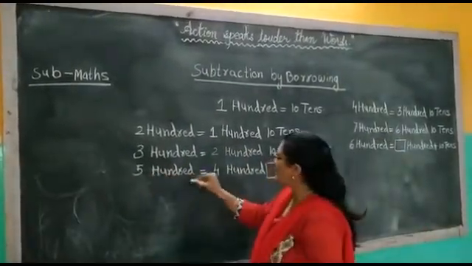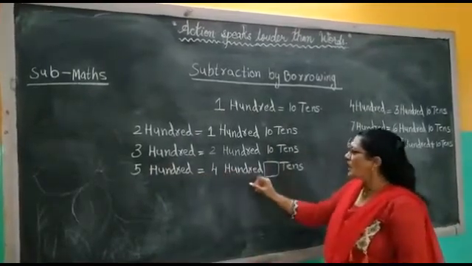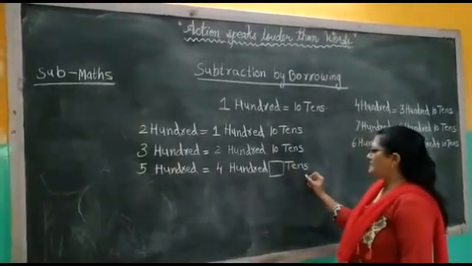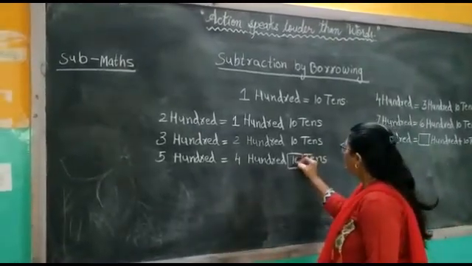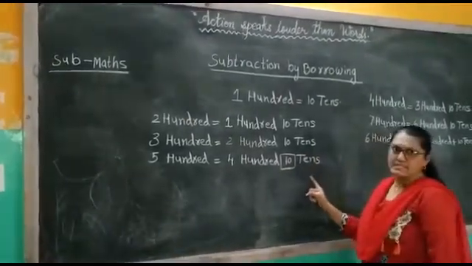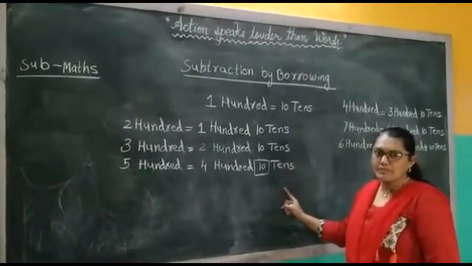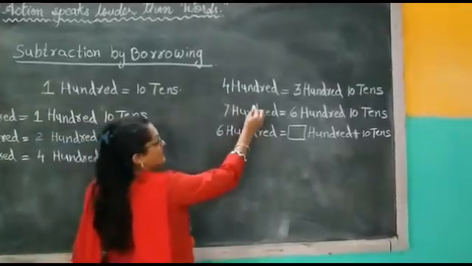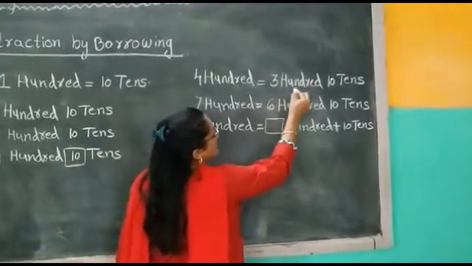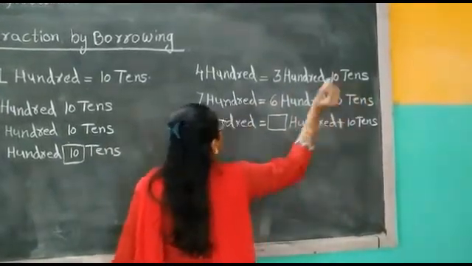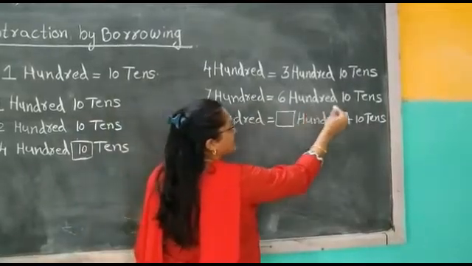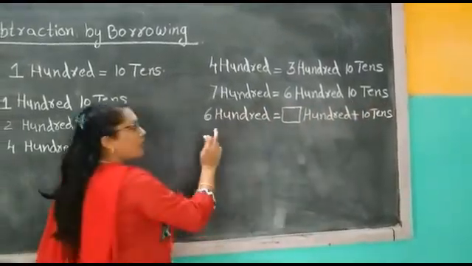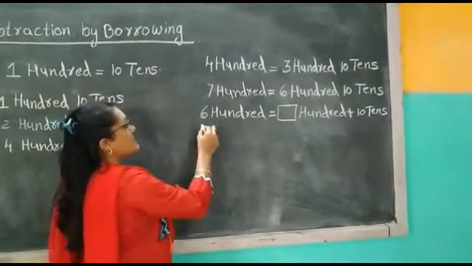Now 500 is equal to 40 tens. So what will we write here, children? We will write 10 tens. Do you understand what I am explaining to you? See, 400 is equal to 30 tens. 700 is equal to 60 tens.